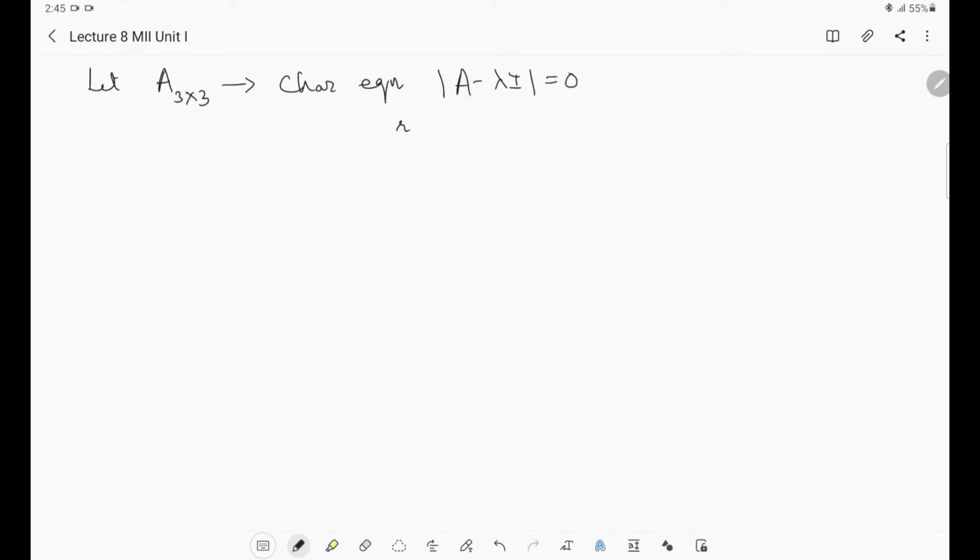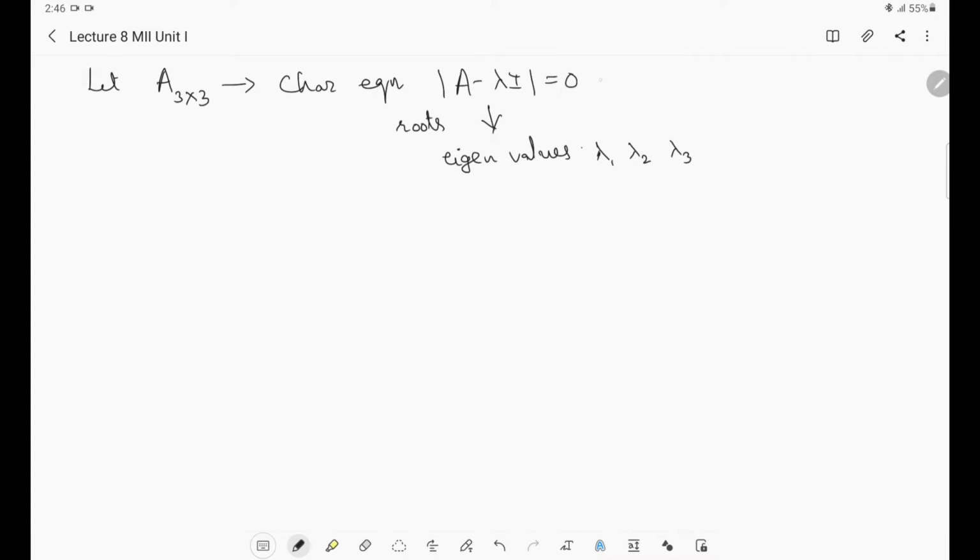Now the roots of this characteristic equation are called eigenvalues, which are represented by lambda 1, lambda 2 and lambda 3. Because it's a 3 by 3 matrix, we will get 3 eigenvalues.